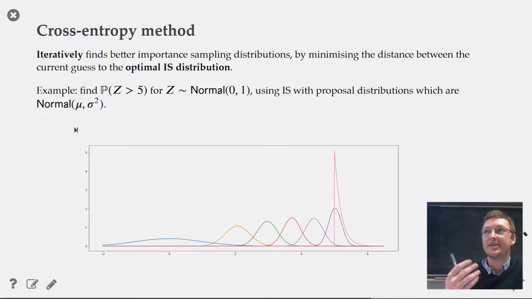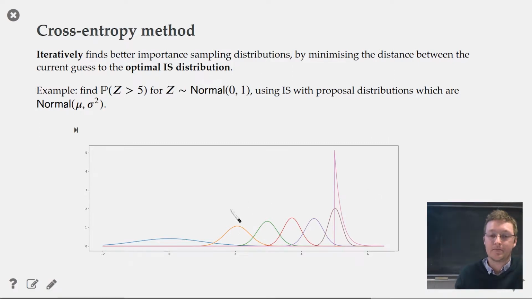You start out by choosing any proposal density for your importance sampling, and then generate a better proposal density given that, and then generate a better one again, and iterate until you get something that you think is very good, and then just run normal importance sampling with that proposal density.